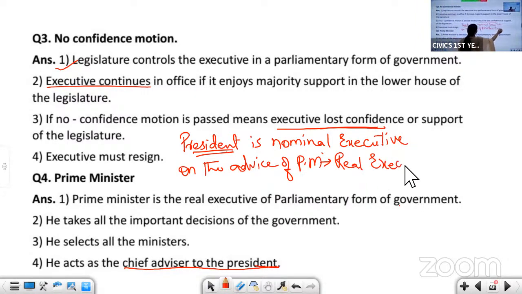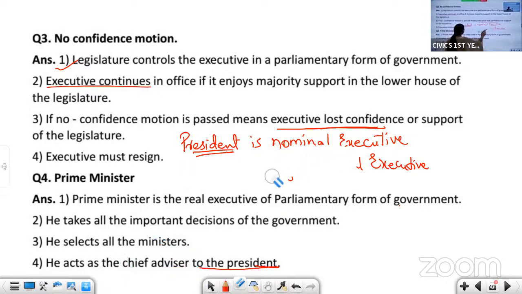He is the head of the real executives. Prime Minister and his ministers, along with all the government employees, are called as executives. So the Prime Minister is the head of all the executives, and he is the chief advisor to the president. President will perform all his functions on the advice of the Prime Minister.